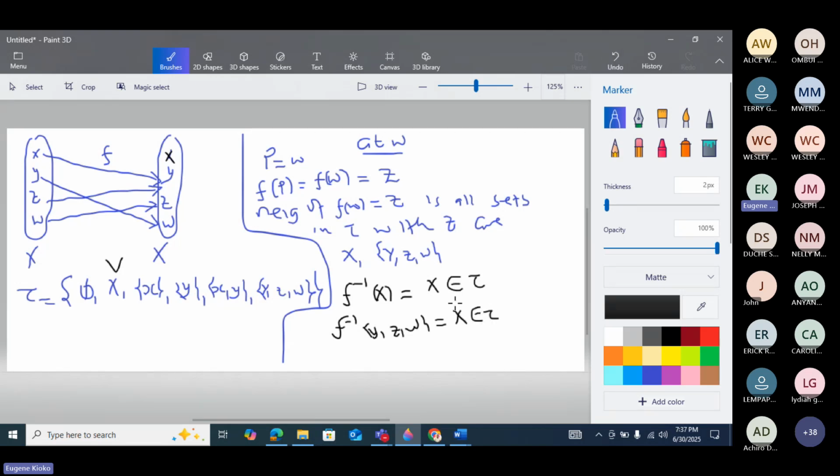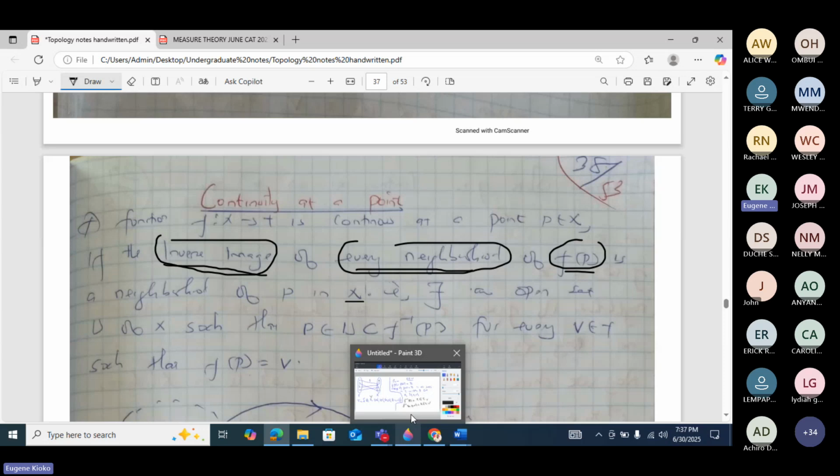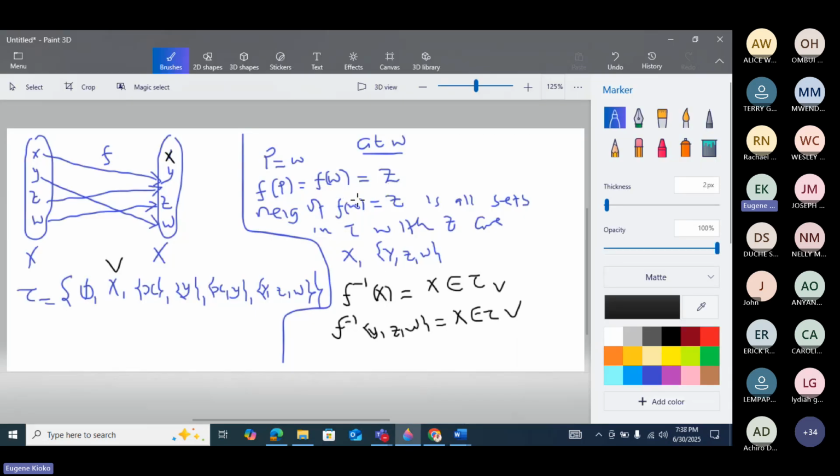So if all the inverses have been found in tau, then we say that the function is continuous at W, because it says if the inverse image of the neighborhood of f(P) is in tau, then it is continuous.